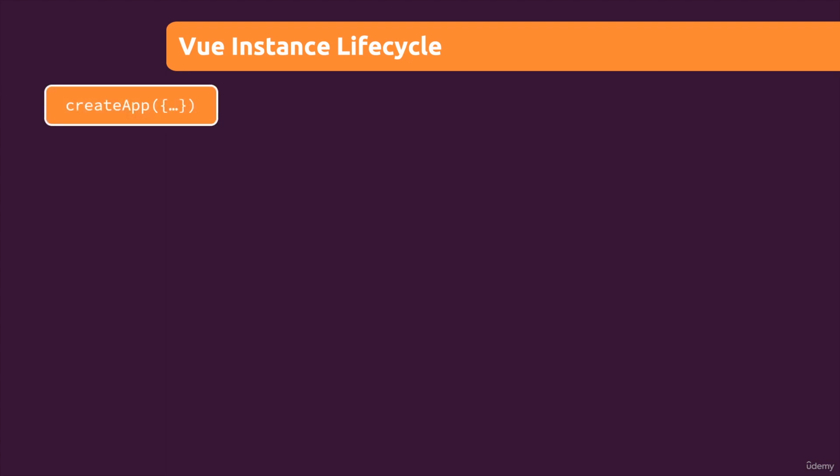It all starts with us creating a new app and, of course, mounting it with the mount method to the HTML code, to the DOM, so that Vue knows where to render the app.